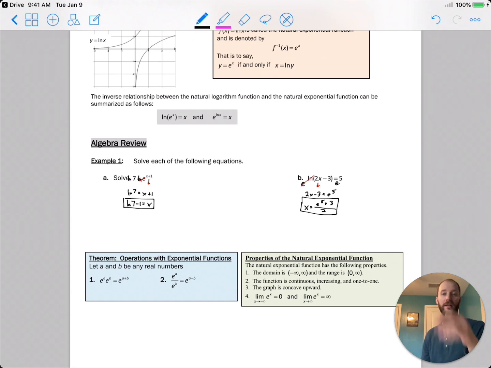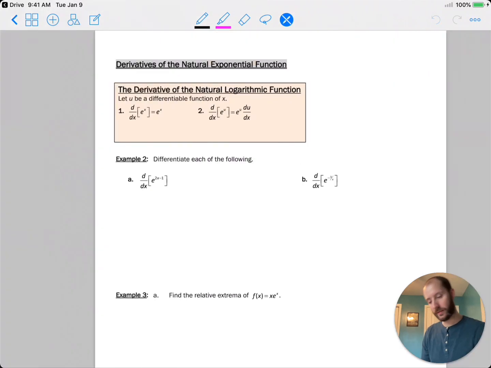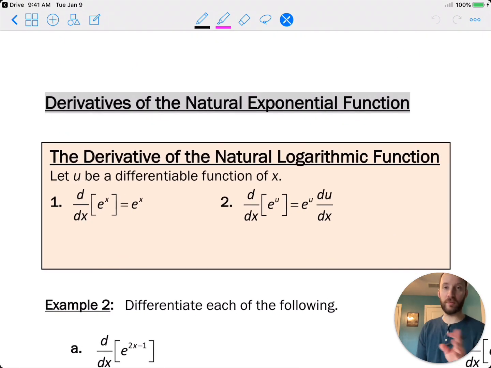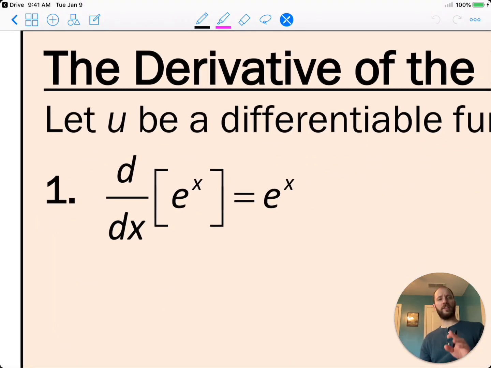Getting a pretty quick review of some algebraic topics. Now this is my favorite derivative rule. Derivative of e to the x. It's so perfect. Just e to the x. The natural exponential function.